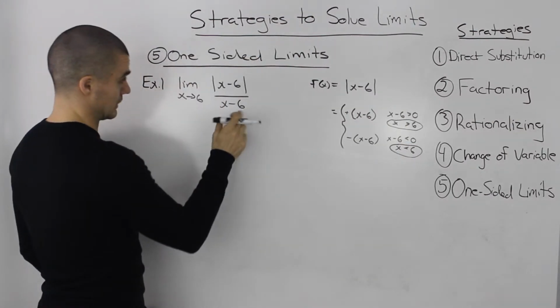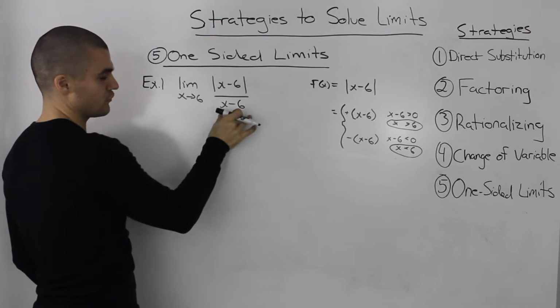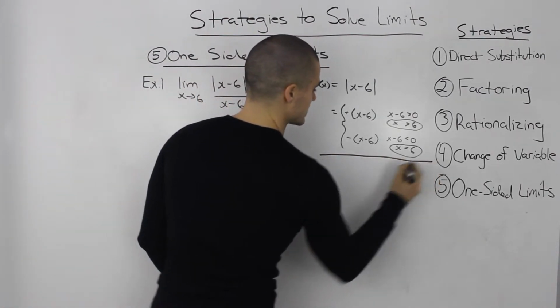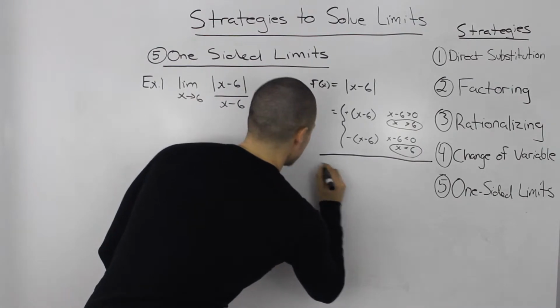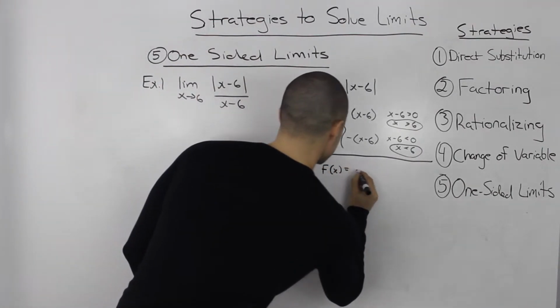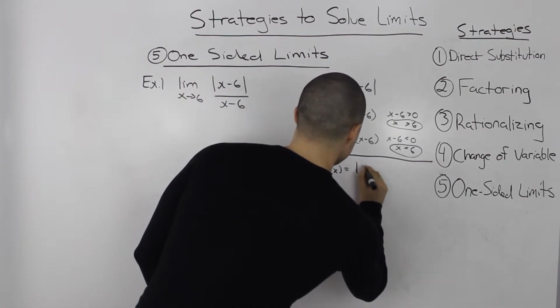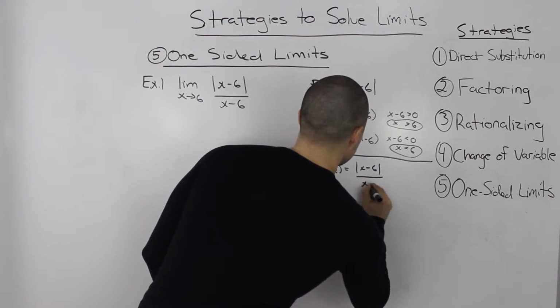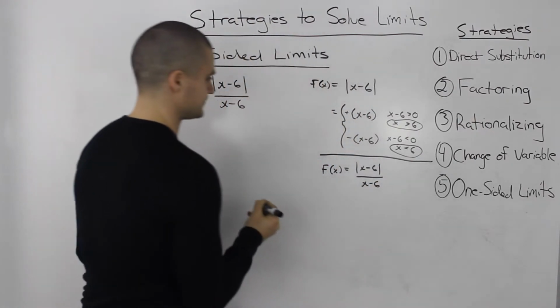So now, let's change this whole function into a piecewise function. Let's rewrite this function as f of x is equal to the absolute value of x minus 6 over x minus 6.